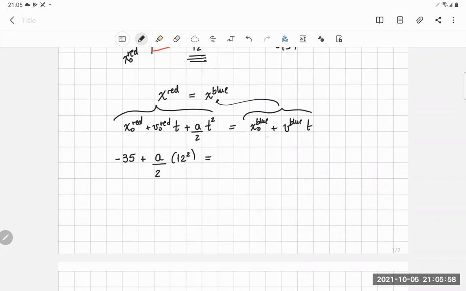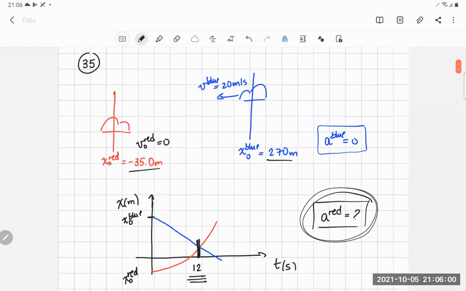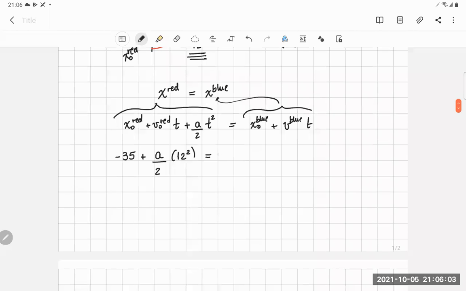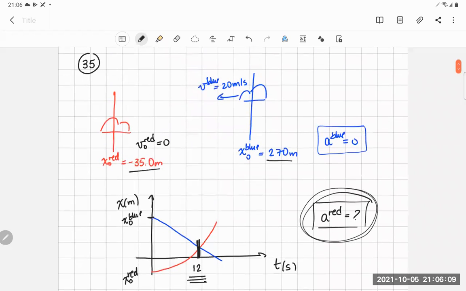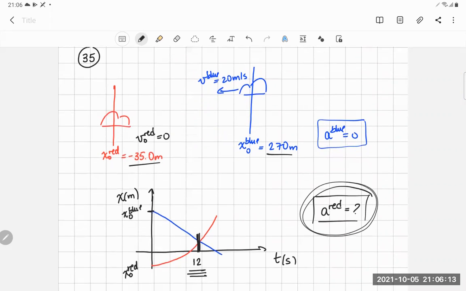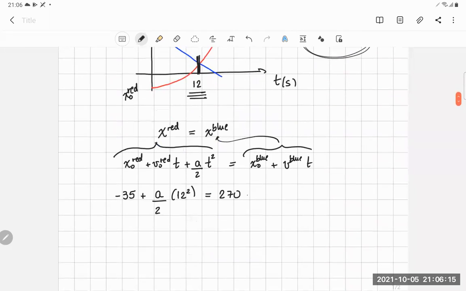Equals to what? The initial position of the blue. What is that? 270. Okay, so let's put 270 here. What is the velocity of the blue? They said it is 20. Now careful here because the blue car is moving to the left. So let's put the direction here, minus 20, right? And what is the time? 12.